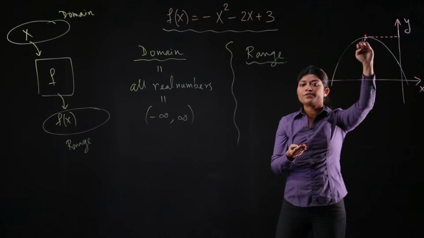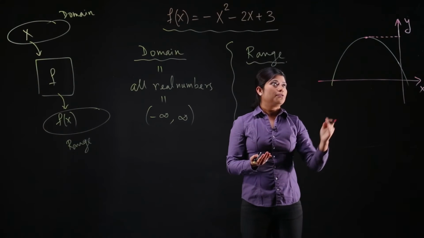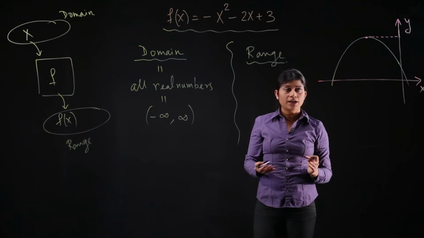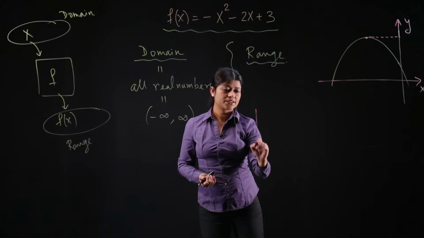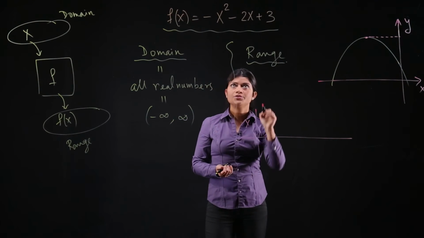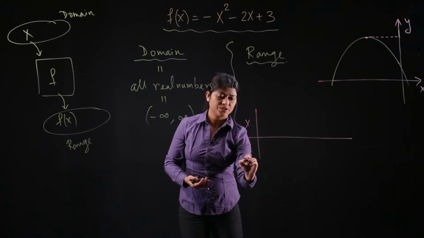So all we need to do is figure out what is the maximum value of this function. Now, this is actually the vertex of the parabola. So there are various ways you can figure out that point, but one simple way will be to just draw a table. So plug in some x values in this expression and figure out the corresponding y values, which is the output, f of x.